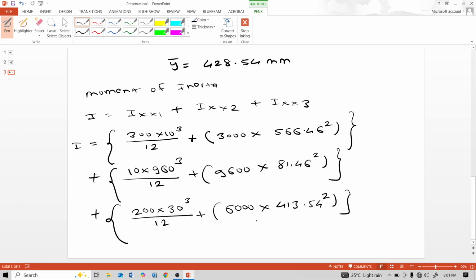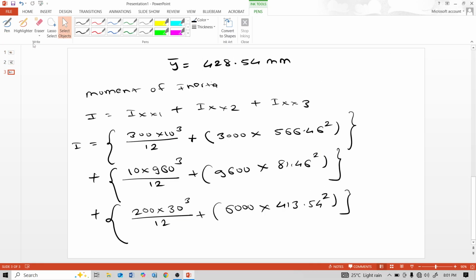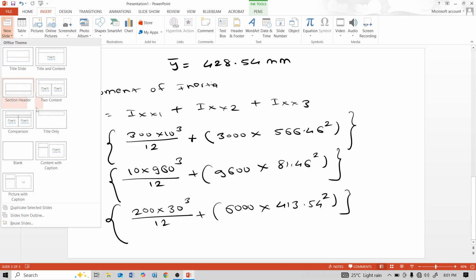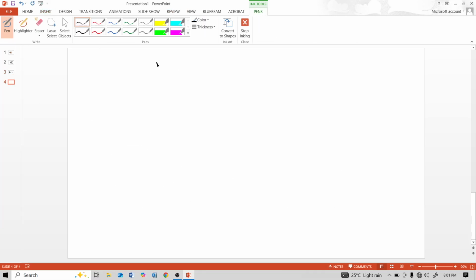After solving this, moment of inertia is 2.79 into 10 raised to 9 mm raised to 4. Moment of inertia for this I cross section about x-axis is 2.79 multiplied by 10 raised to 9 mm raised to 4.